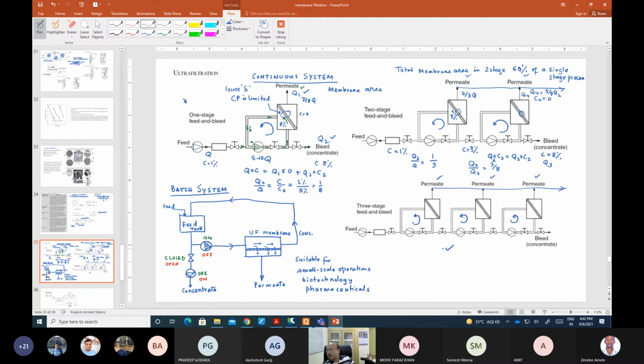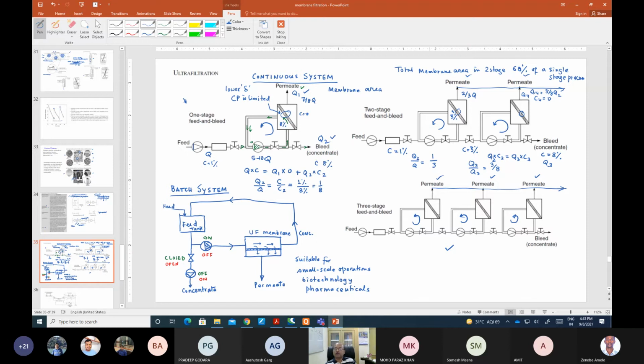Now, obviously, there is a trade-off between how many stages we can add versus the gain that we are getting. Each stage adds a pump and valve, and we will be operating these pumps and valves, so the energy requirement is higher.